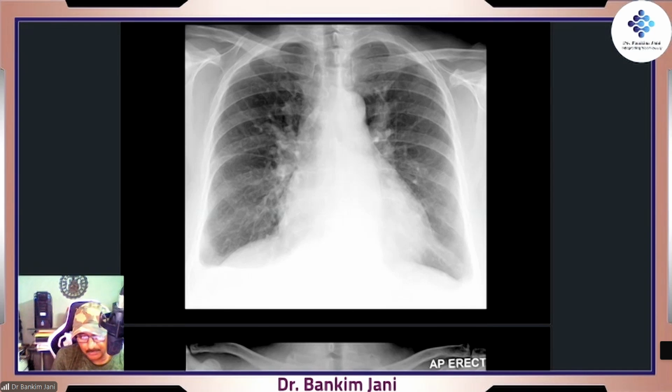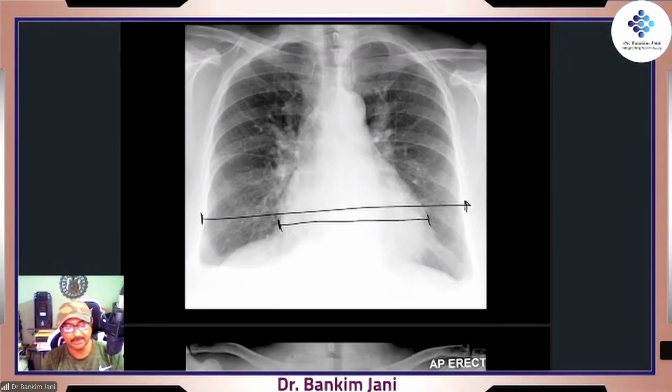Is this more than 50% of the entire chest? So if I take this as B and this as A, is this B bigger than half of the A? Definitely it is.